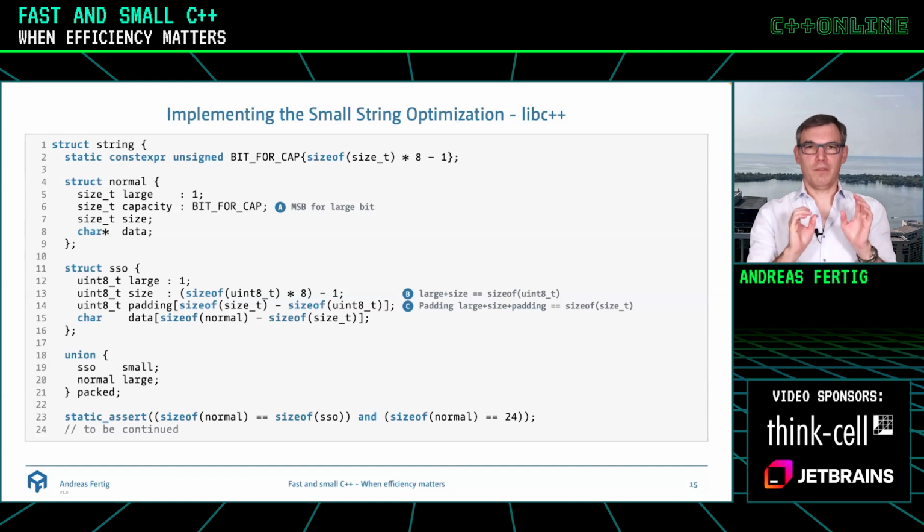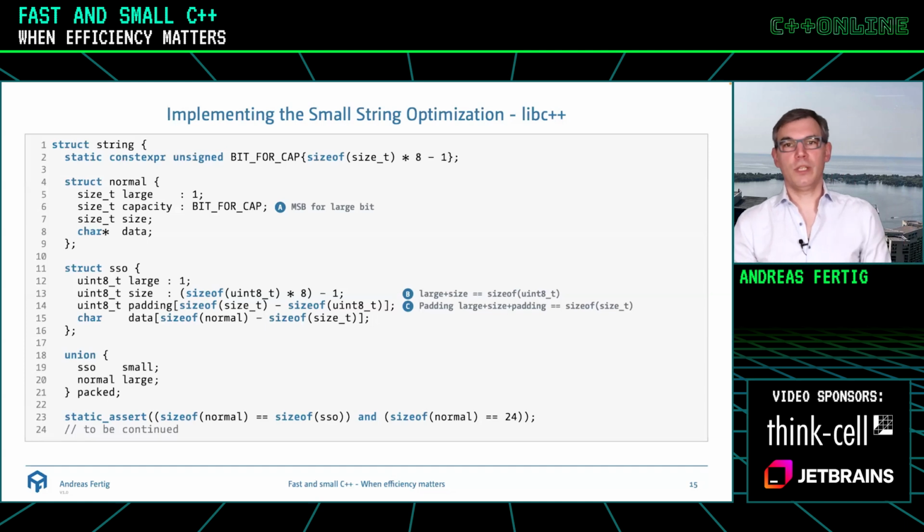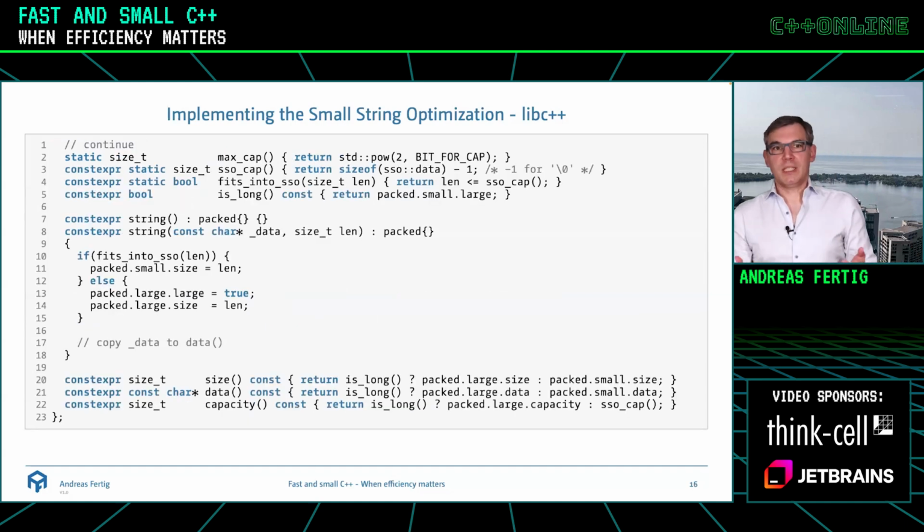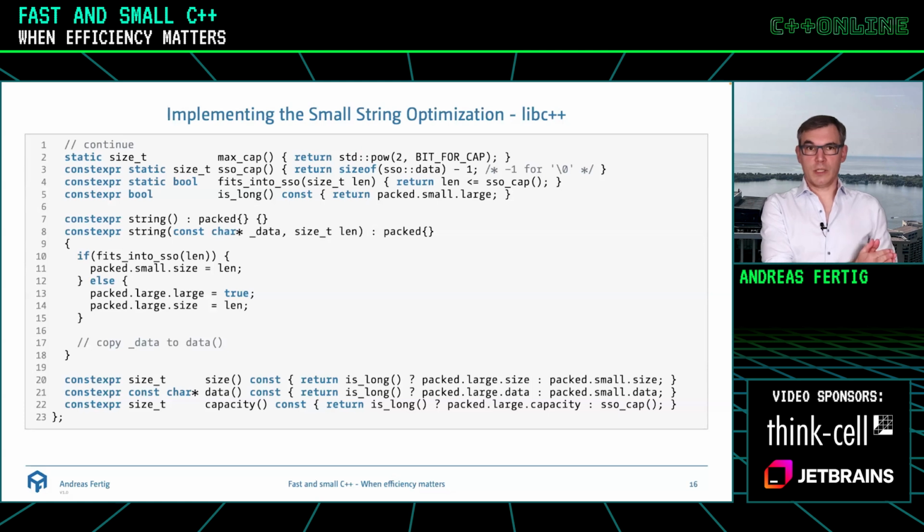That's cool. If you want to optimize for the maximum number of small string mode, that's a great way. They play an equivalent trick as the others did. They have a union here, store small and large in them, and the static assert here should prove it. Still, everything fits into 24 bytes. But now let's look at how they use it. So max capacity now, that one is lower than in the other two implementations.